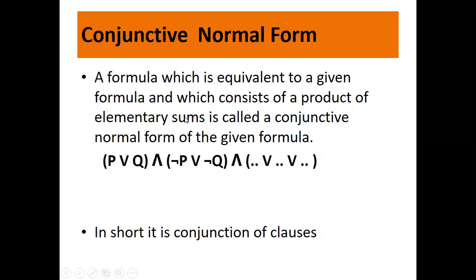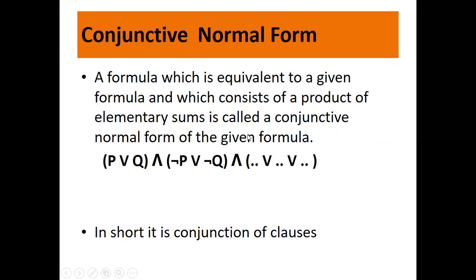Now they are talking about product of sums, right? So here P or Q and negation of P or Q, like this. It is a series of disjunctions which are connected through conjunction, right? So it is conjunction of disjunctions.